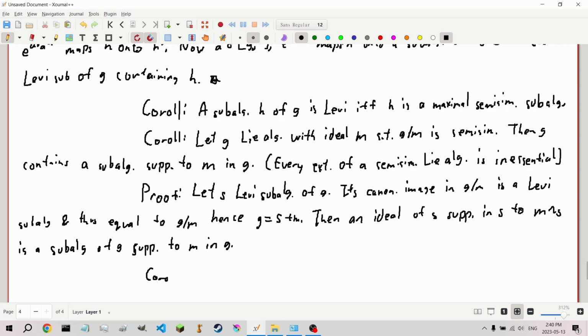As a corollary, and this is our last one today, it says very similar, very standard setup.